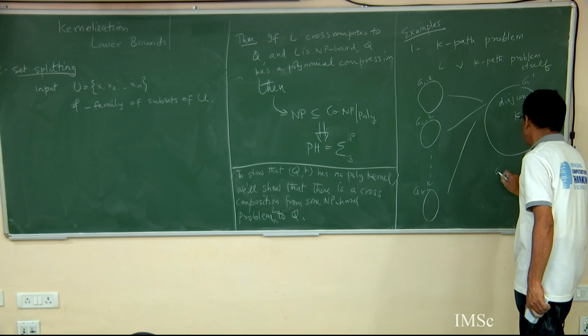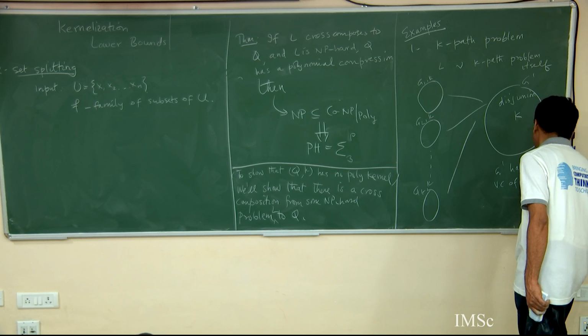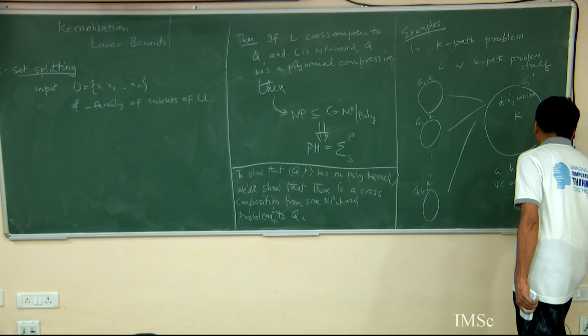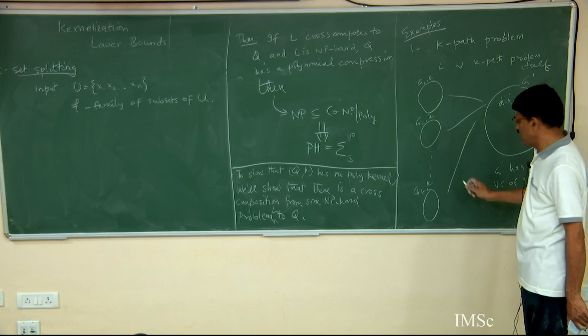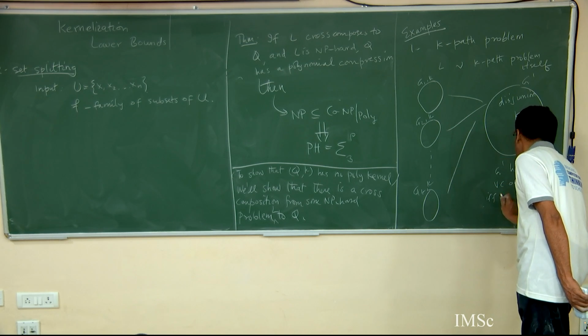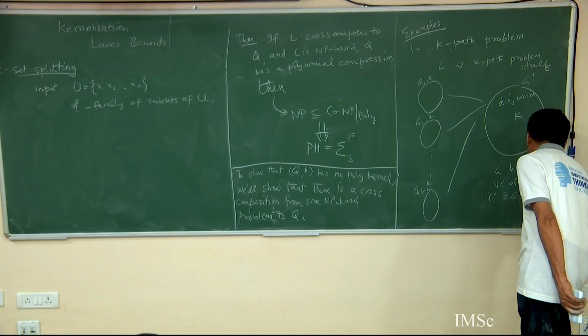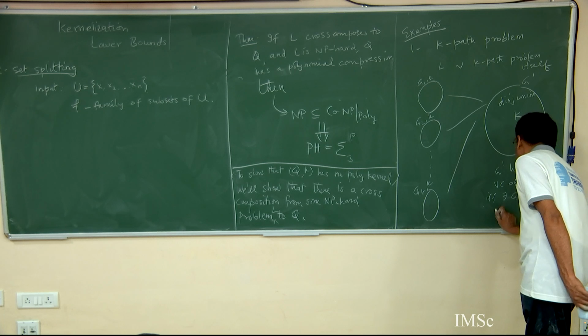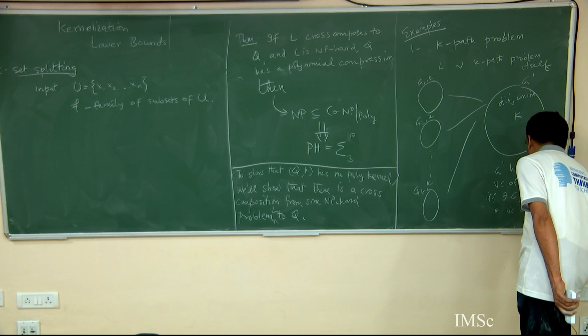G prime has a vertex cover of size at most t times k, where t is the number of instances, if and only if there exists a G_i such that it has one. Is that true? No, I do not think even that is true. No, this is not true.